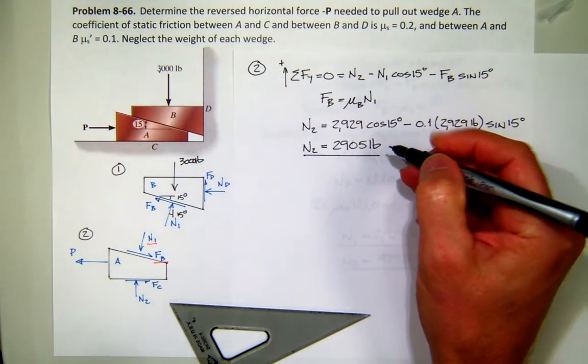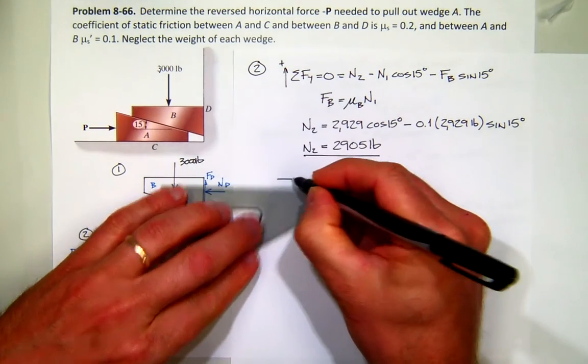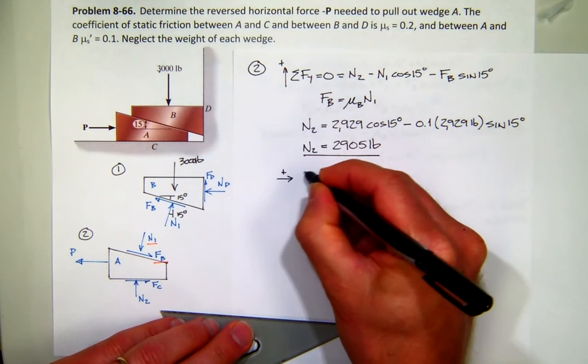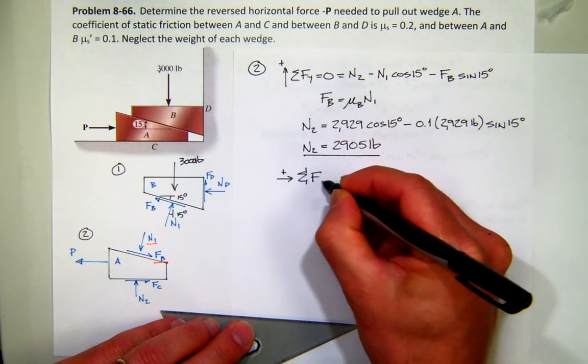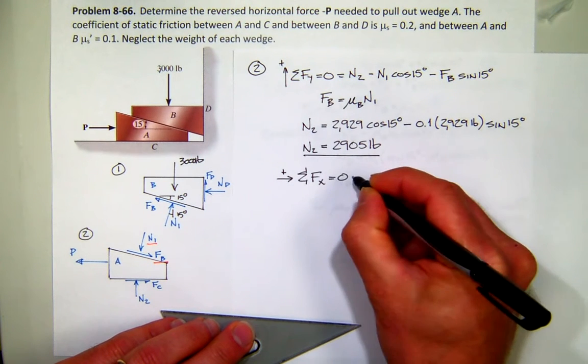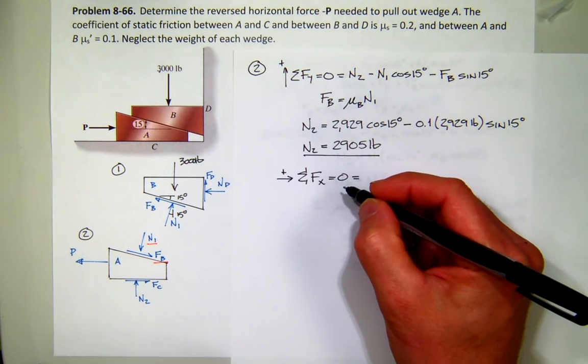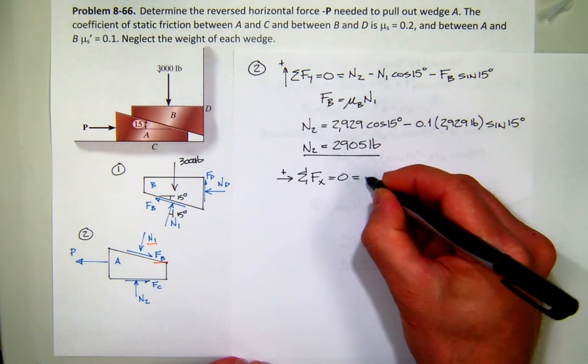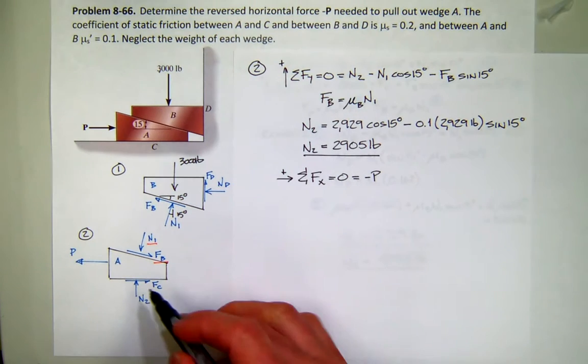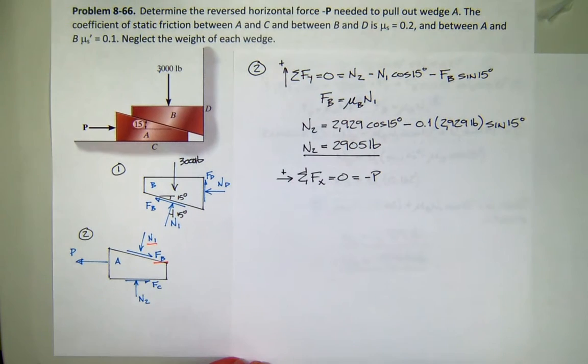So finally, we can sum forces in the x direction and find our value of P. So if P is acting to the left, that's minus P. And then all the forces that have x components.